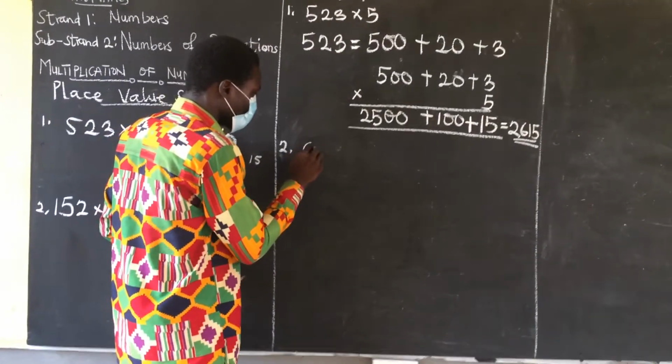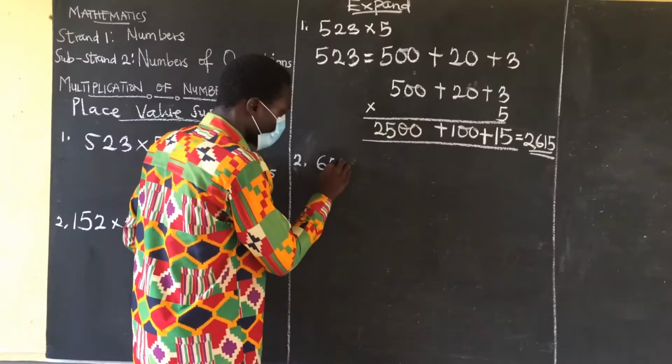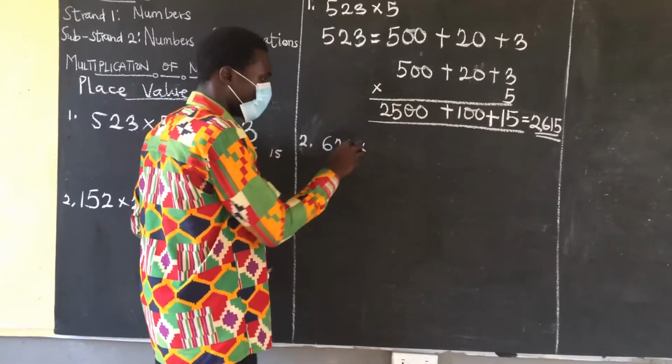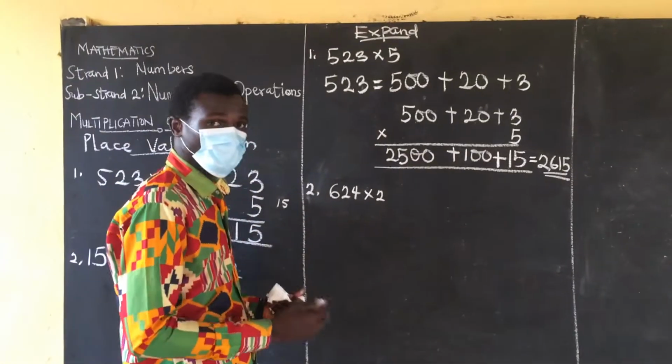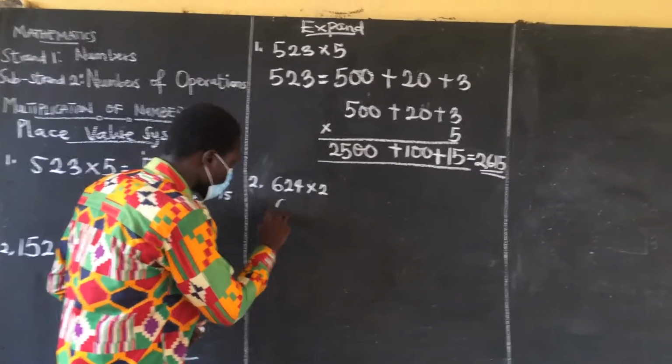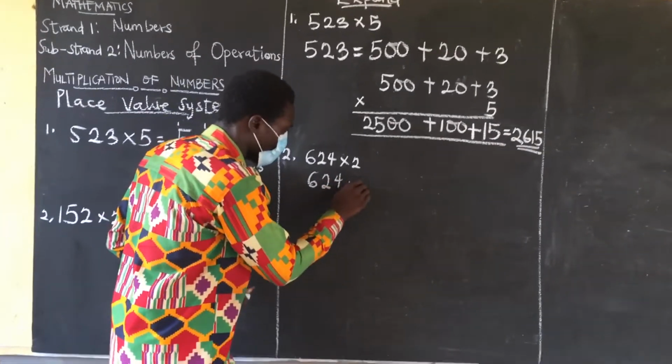Let's say we have 624 times 2. We are expanding and multiplying. So I'm going to take my 624 and expand.